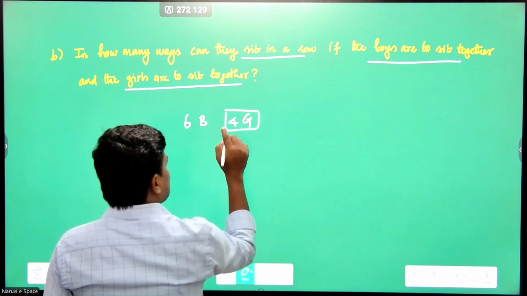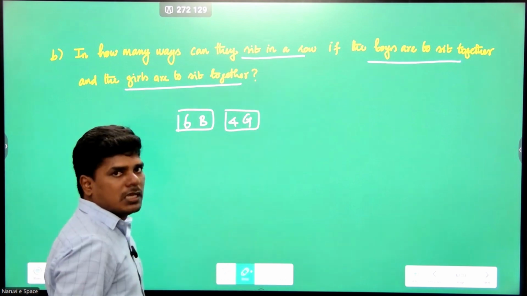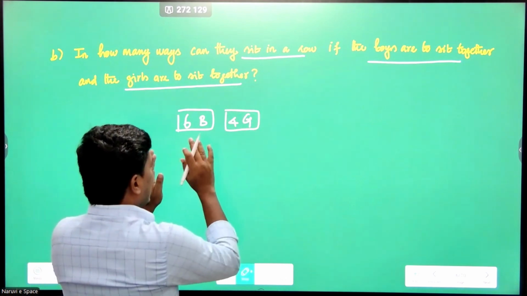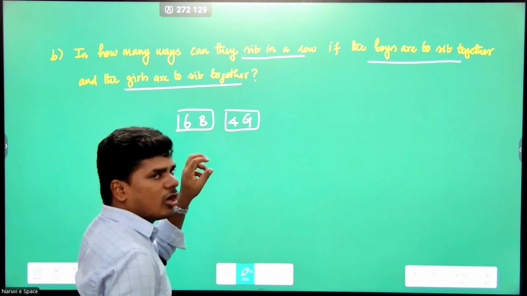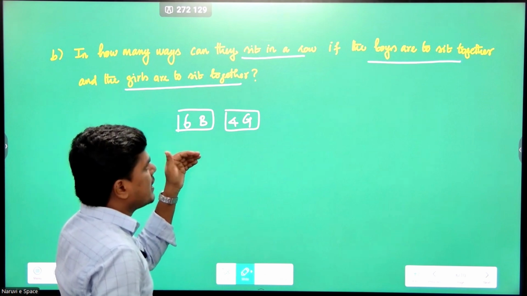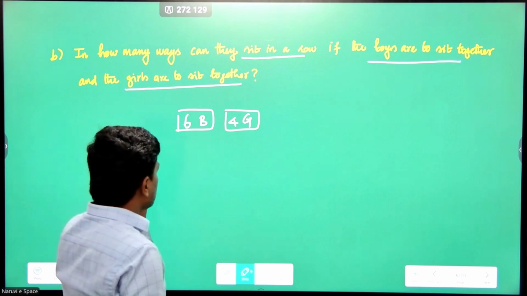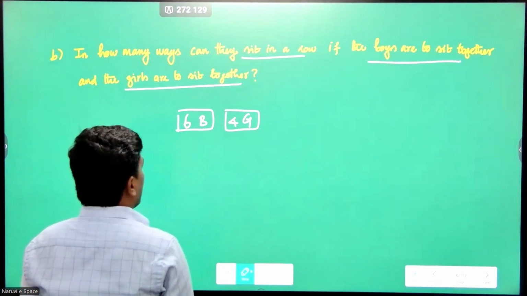Now the girls always sit together, the boys sit together. If we make boys and girls sit together separately, how many ways can we arrange them?